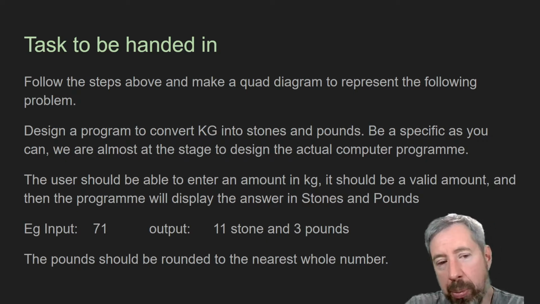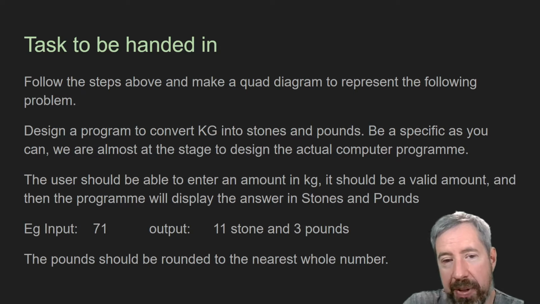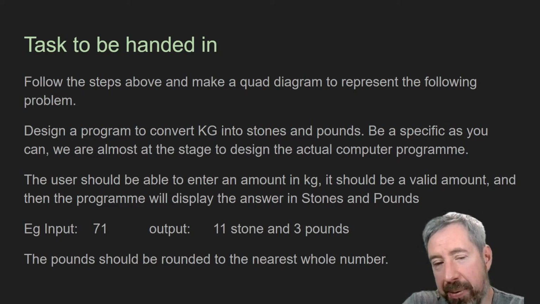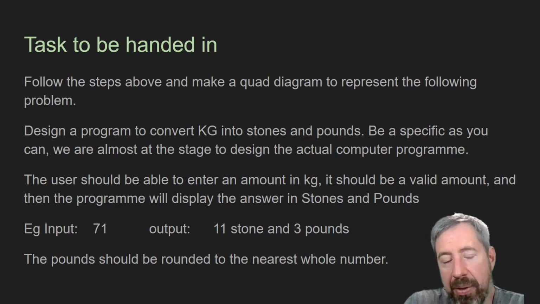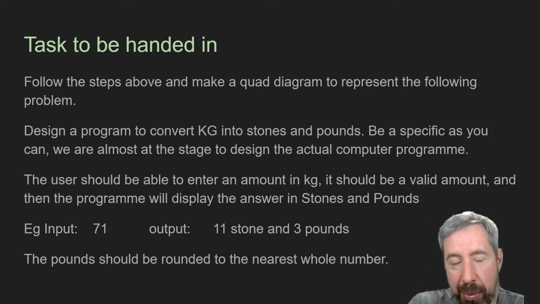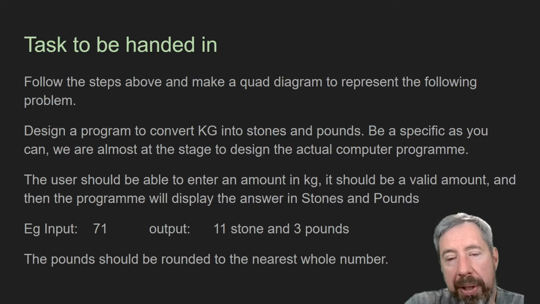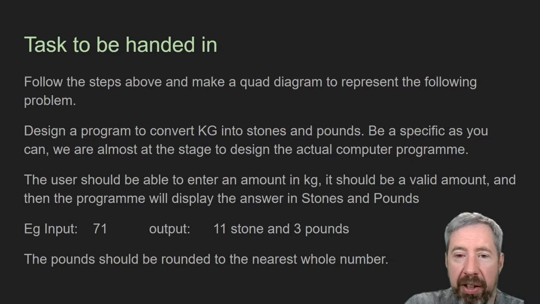If the user inputs 71 for 71 kilograms, the output would be 11 stone and 3 pounds. It wouldn't be 11 stone point something. I want you to be as specific as you can when you design this program, as though you're actually thinking now about getting ready to actually program it.